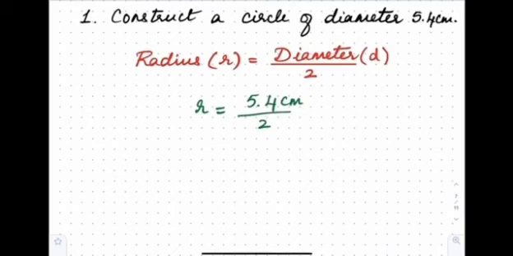Now 5.4 divided by 2 is nothing but 2.7 centimeters, correct? So radius is 2.7 centimeters.